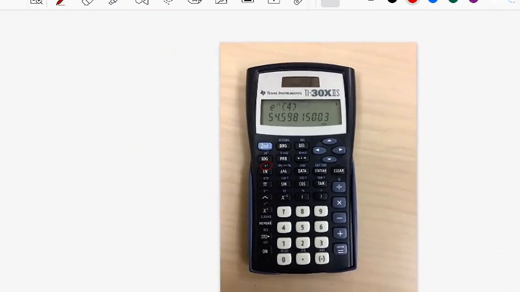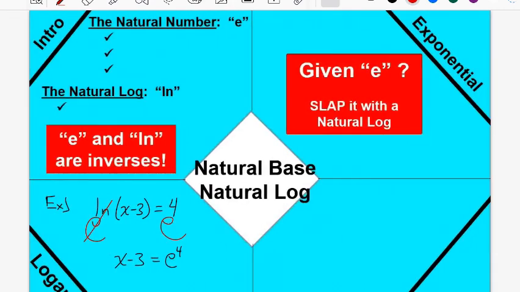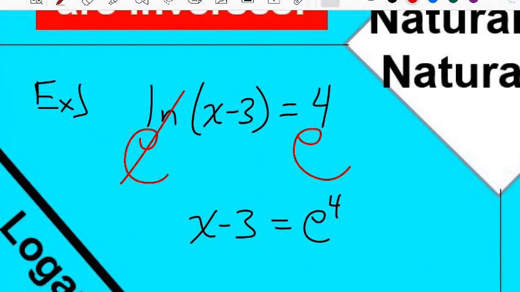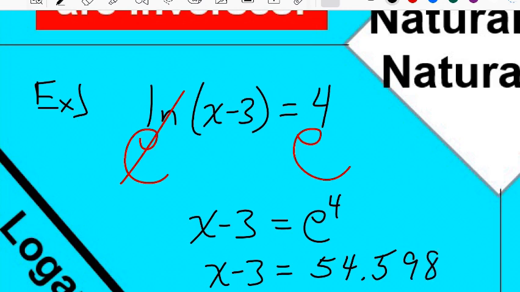So we based both sides with an e, and you literally get e to the 4th power, again, which is about 54. And then you can add 3, so you end up with 57 with a little change.